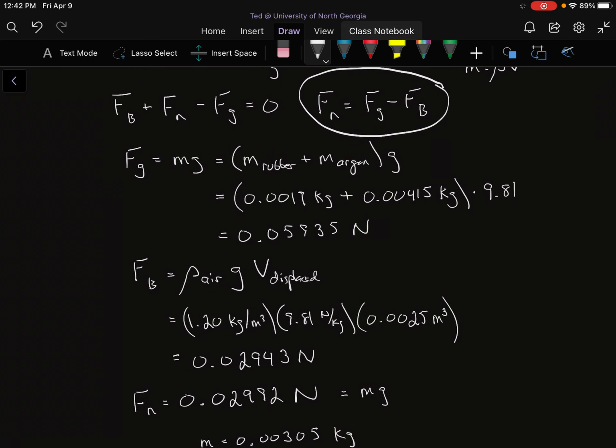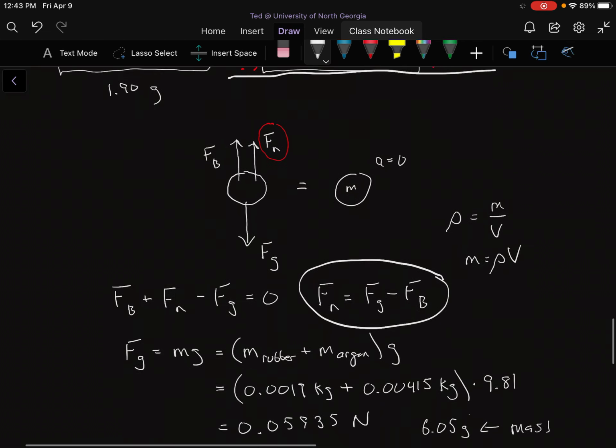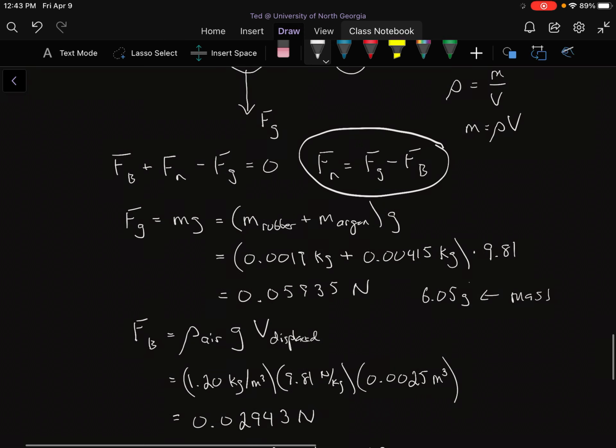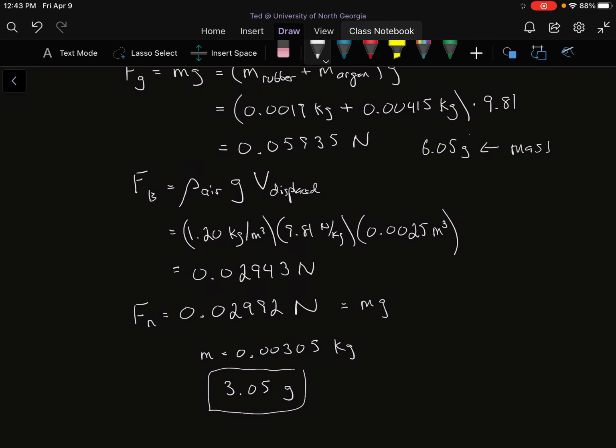The 4.15 plus 1.9, the total mass of the balloon filled with argon, was 6.05 grams, because we had 1.9 grams of rubber plus 4.15 grams of argon, but the scale only reads 3 grams because the buoyancy force was lifting the balloon up.